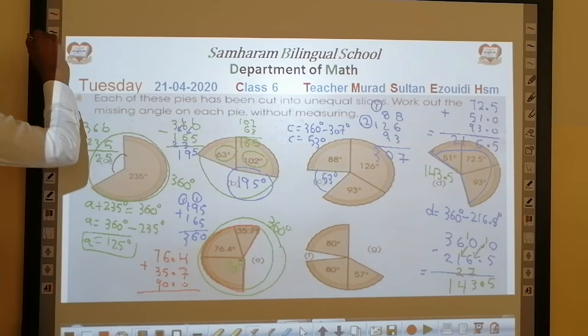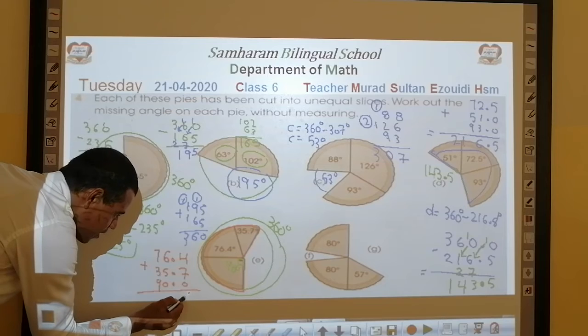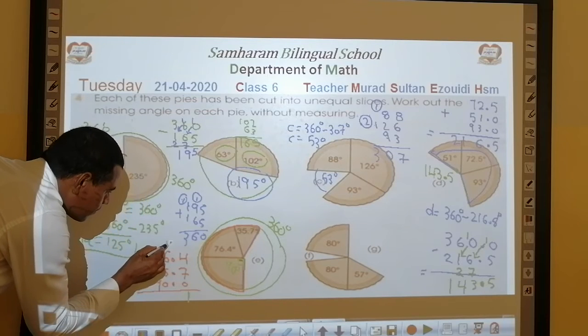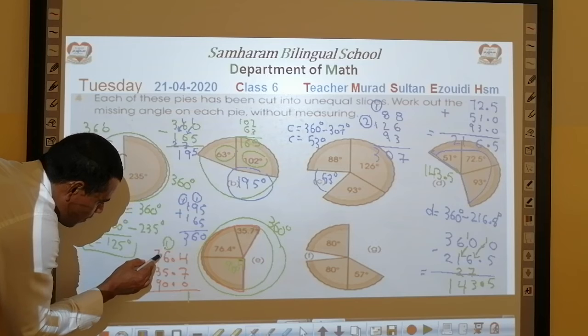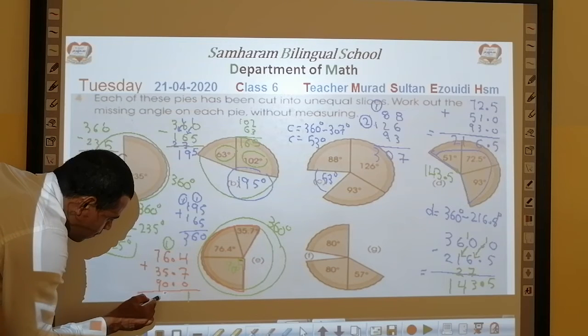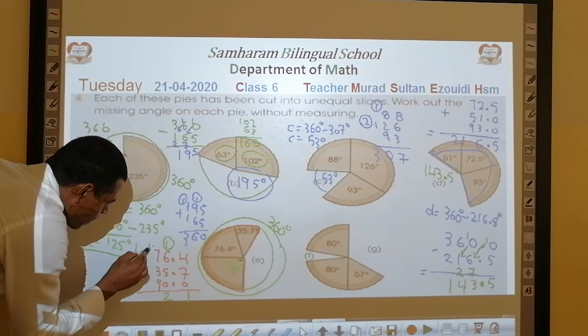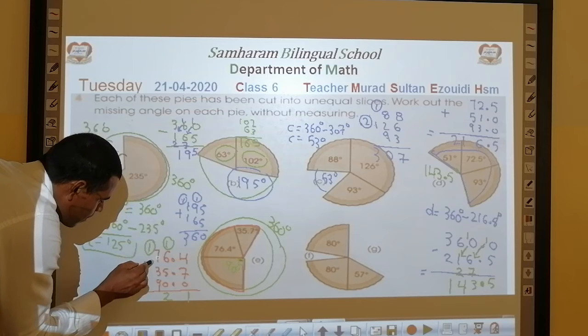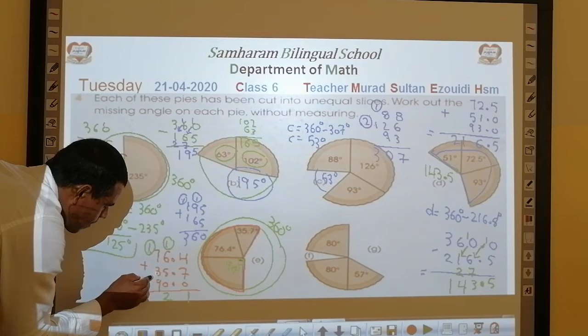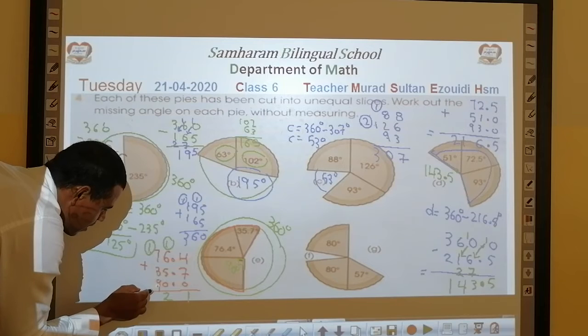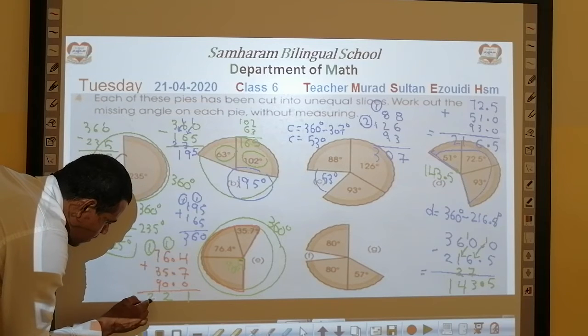Okay? So 4 plus 7 is 11. 6 plus 1, 7 plus 5, 12. 7 plus 1 is 8 plus 3 is 11 plus 9 is 20.